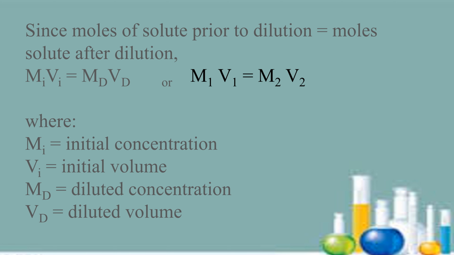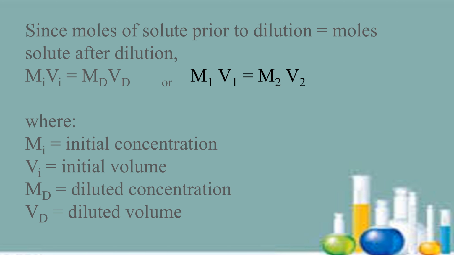We start off with our initial molarity and volume, and it's equal to the diluted molarity and volume, or M1 V1 equals M2 V2. Or we can use the initial molarity and volume is equal to the final molarity and volume. It does not matter what subscript you use.